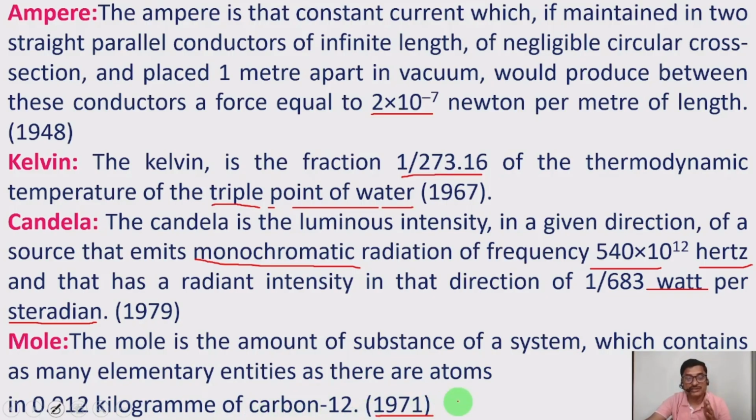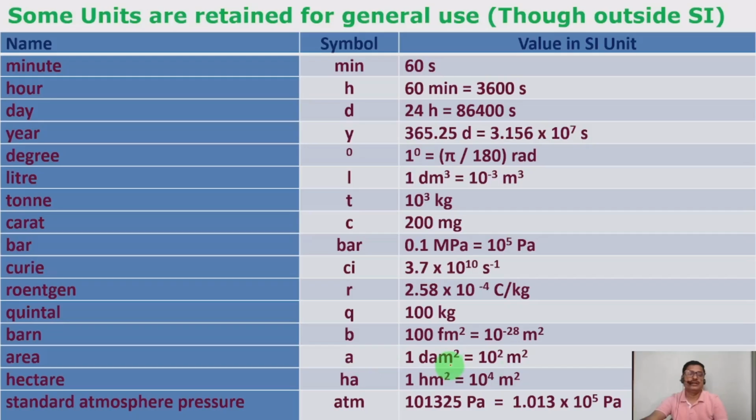Carbon has the atomic mass of 12. We define the mole using 0.012 kilogram of carbon, which is a particular quantity. The same is used for the measurement of other substances also. This is the standard, and the definitions of all seven fundamental units have already been discussed.